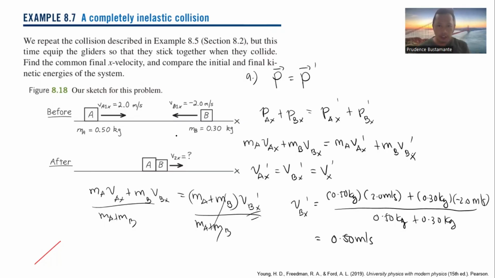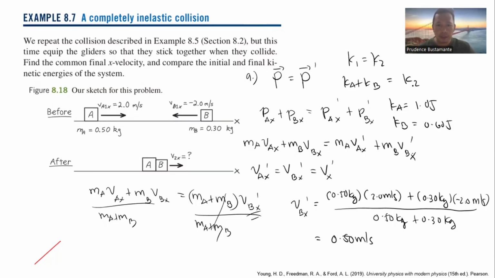If you calculate the kinetic energy here, K1 is Ka plus Kb, and K2 is the final. Ka is one half MA V squared, which we calculated as 1.0 joules, and Kb is equal to 0.60 joules.